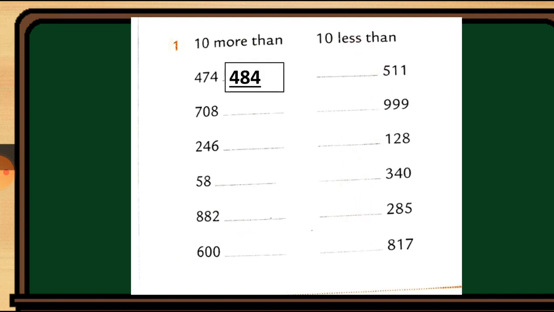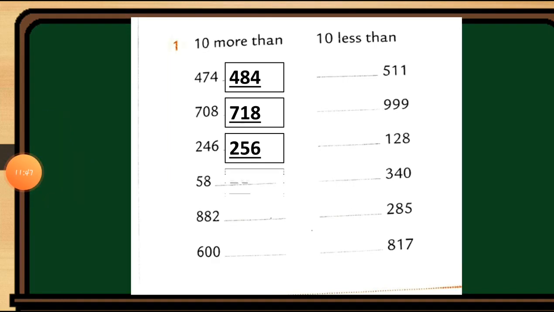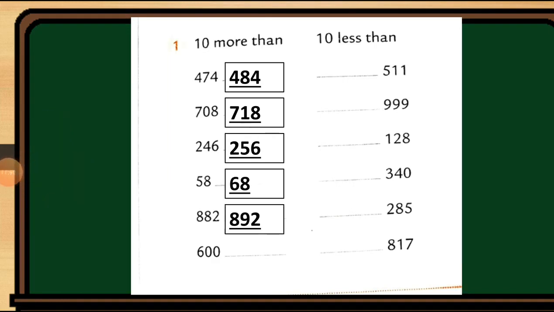Let's see. 474, we add 10, then 484 will come. 708, so 718 will come. 246, so the answer 256 will come. 58, if you add 10 to it, the answer 68 will come. 882, add 10 to it, so 892 will come. And if you add 10 to 600, the answer 610 will come.